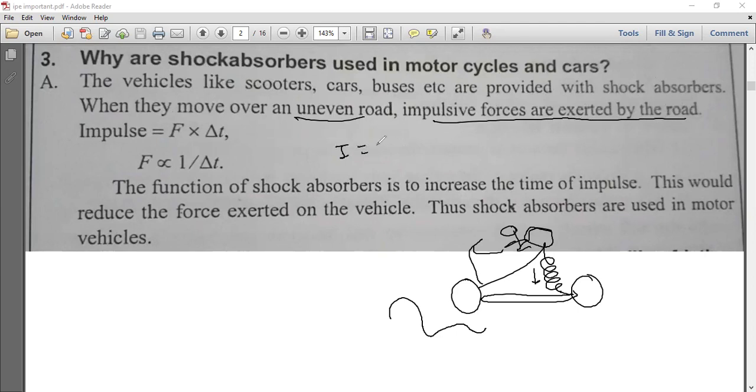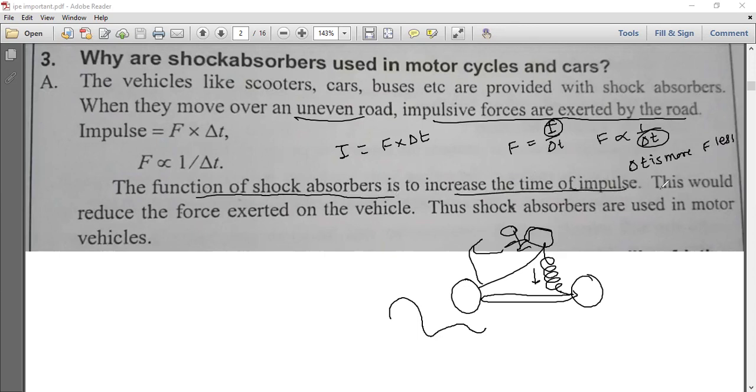And impulse I is equal to F into delta T. So force is equal to I by delta T. If this impulse is constant, F is inversely proportional to delta T. So if delta T is more, this force will be less. So the function of shock absorbers is to increase the time of impulse, and this reduces the force exerted on the vehicle, and thus shock absorbers are used in motor vehicles.